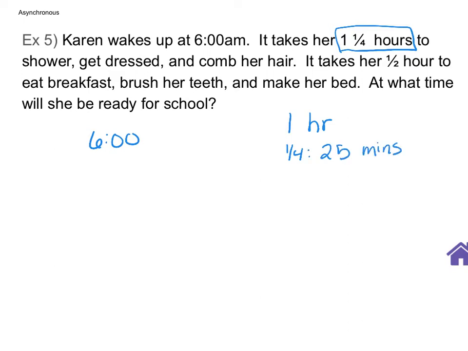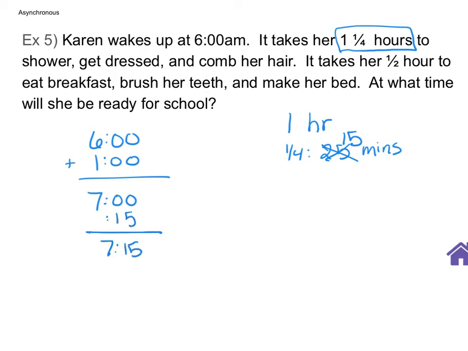So I'm going to add the hour to this, so 1 hour, which would be 7 o'clock. And then I'm going to add the, not 25 minutes, 15 minutes, Ms. Sinclair, sorry. And then I'm going to add the 15 minutes for the 1/4 of an hour. So plus 15. So I'm at 7:15 is when she would be done with shower and dressed.